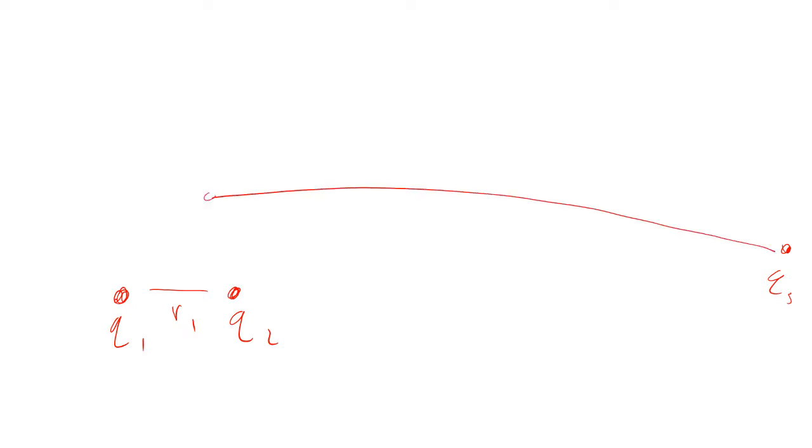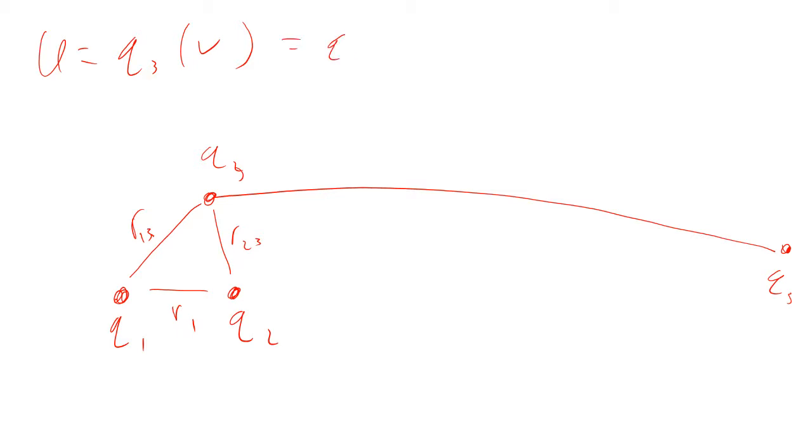Suppose that I have Q1 and Q2, and they're some distance R1 away, and I have some other Q3. And I want to bring Q3 and set it right here so it's a distance of R13, the R between 1 and 3, and then R23. Okay, and so I want to put it right there, and I want to know how much energy that is. Well, that energy is going to be equal to Q3 times the voltage that exists due to Q1 and Q2.